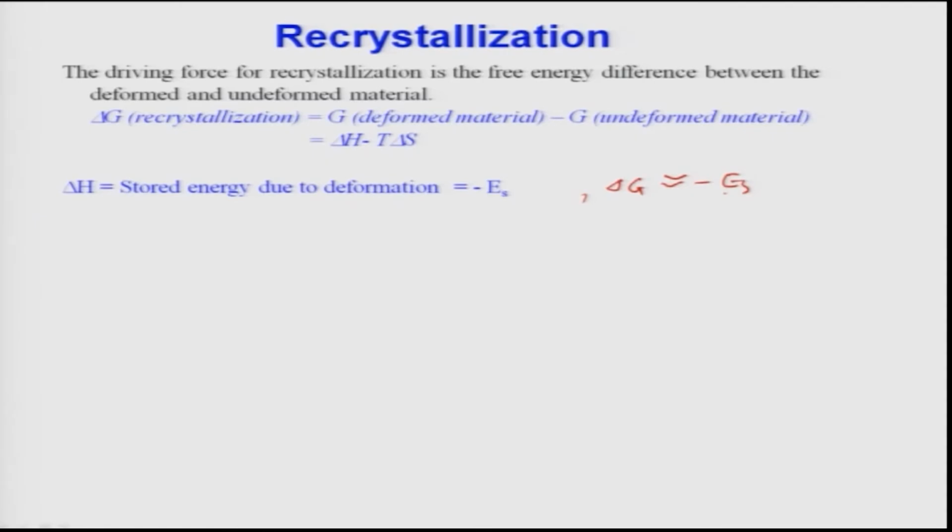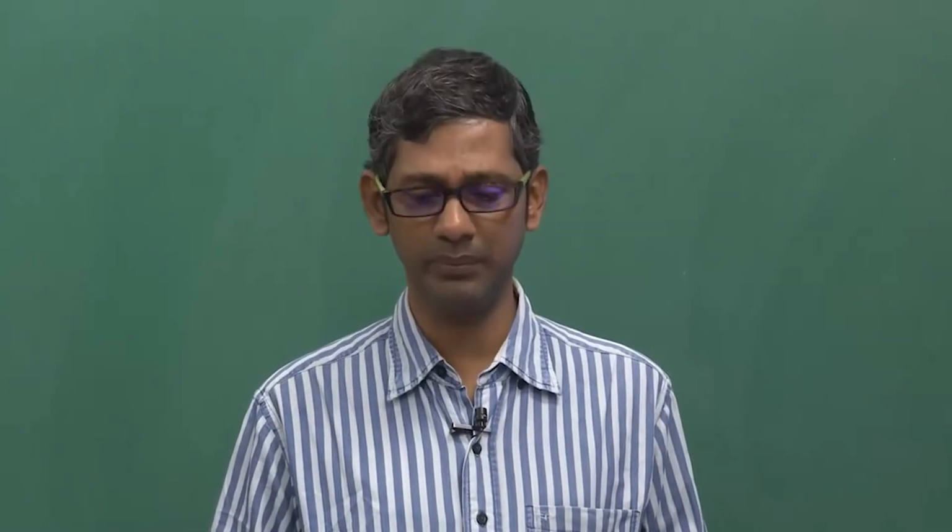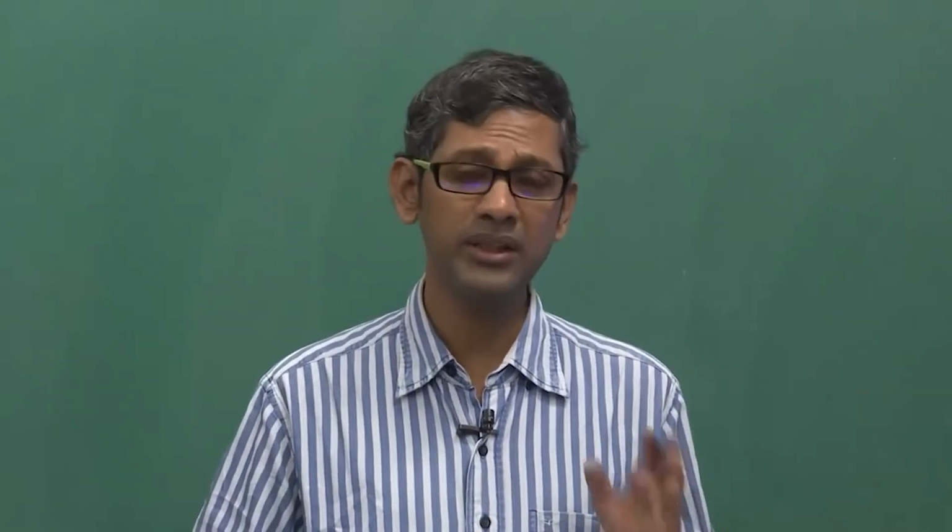E_S depends on the percentage cold work, the deformation process, the strain rate, and also the temperature at which deformation is done. So you understand that E_S is the critical parameter, and remember E_S is a weak function of temperature. Normally it is independent of temperature, because it's a stored energy, so it mostly depends on the percentage cold work, strain rate, and deformation process.